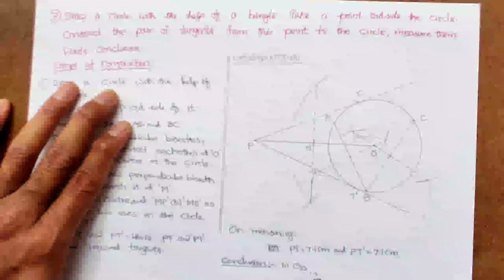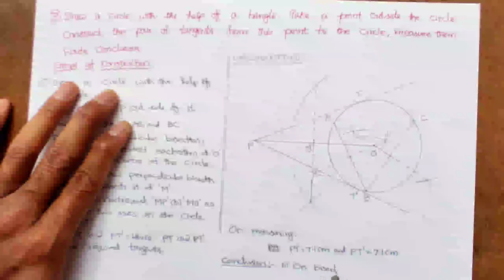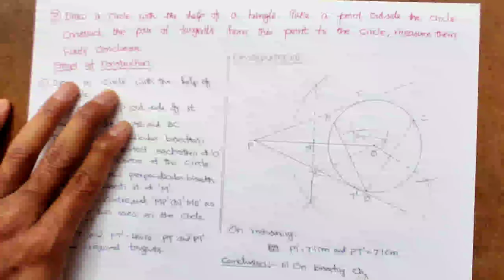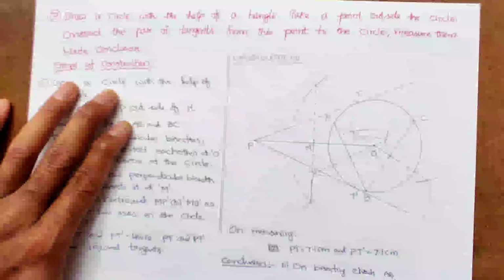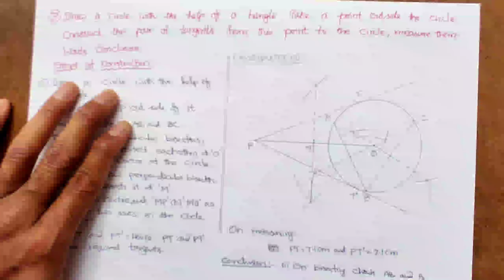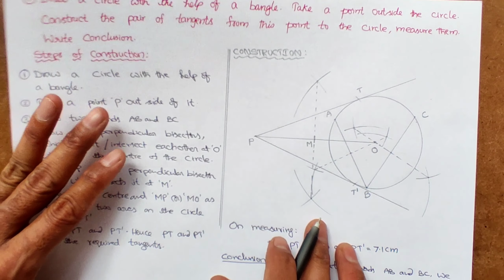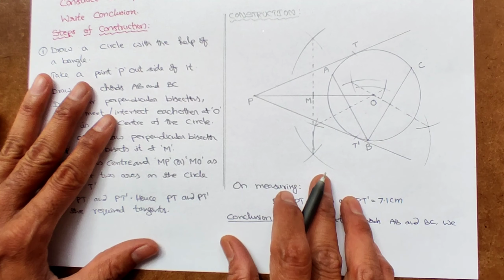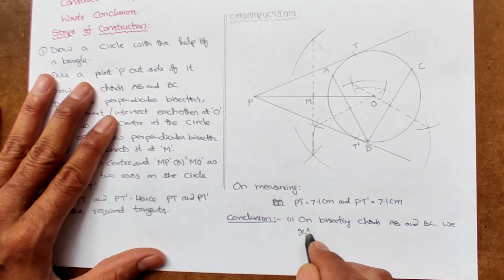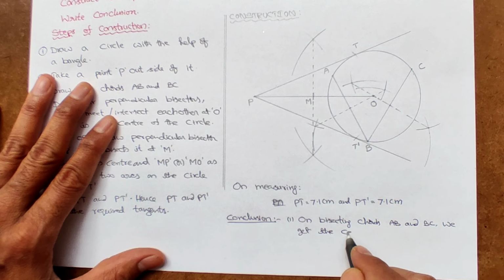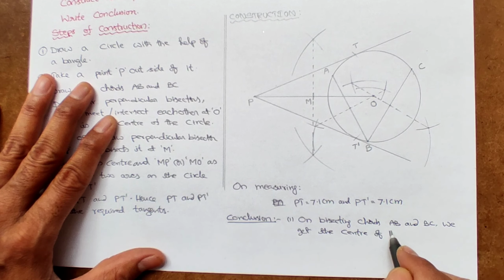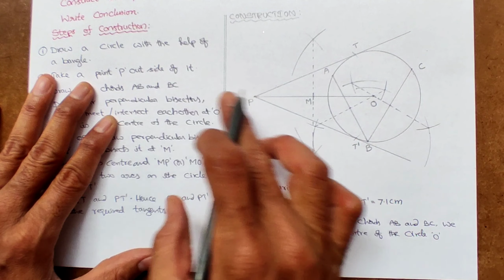So we can write the conclusion: on bisecting chords AB and BC we get the center of the circle O. I am moving a little bit up to make it visible. And the remaining steps we have mentioned here, how we got these tangents.